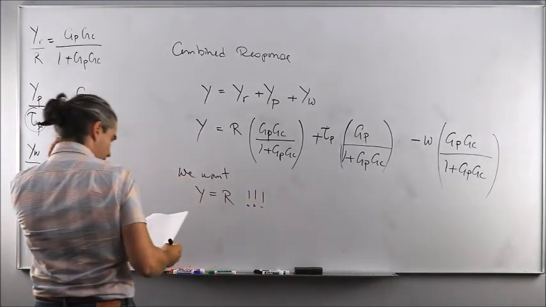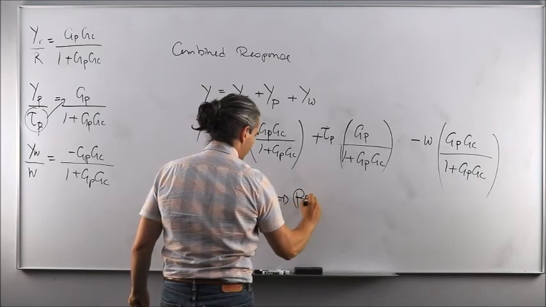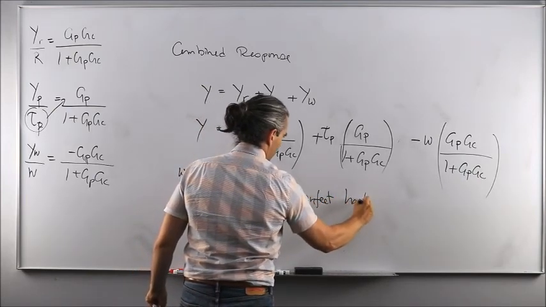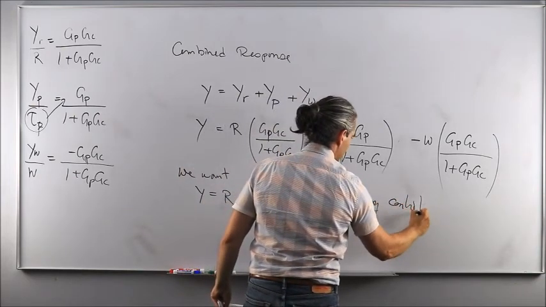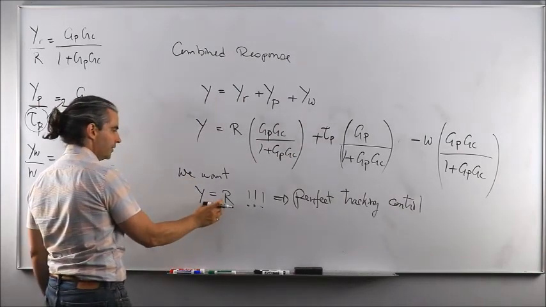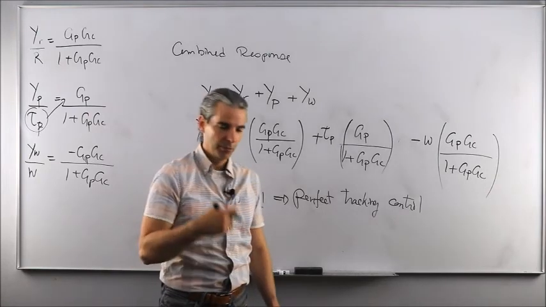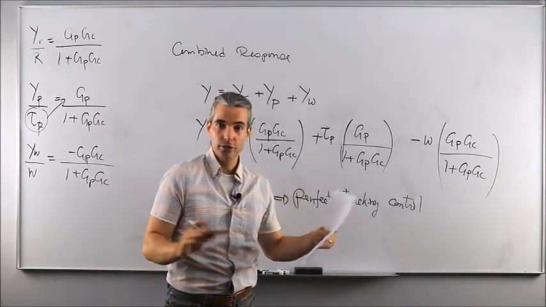This is our objective, and this is referred to as perfect tracking control. Okay? If you are ever able to achieve that exactly, it means the controller is perfect and is able to cancel the effects of noise and perturbation altogether.